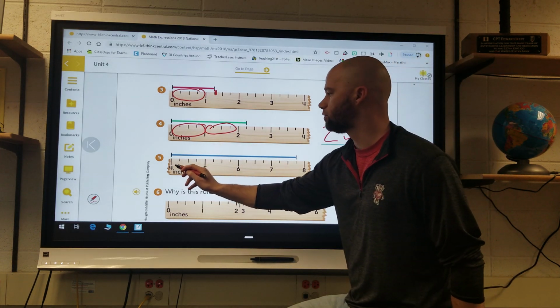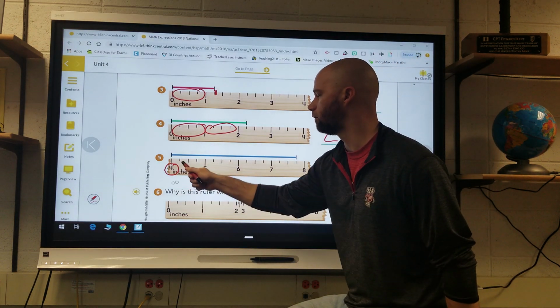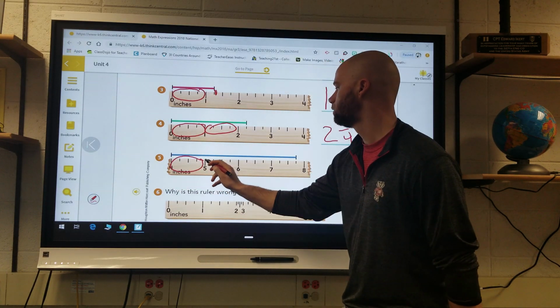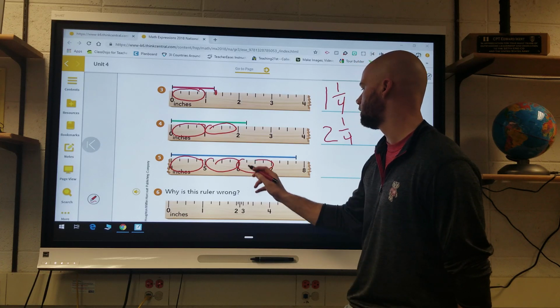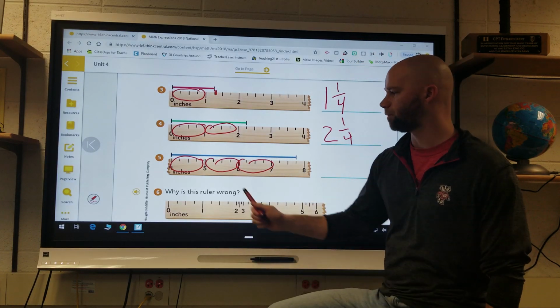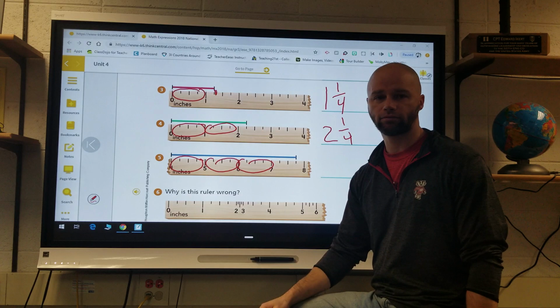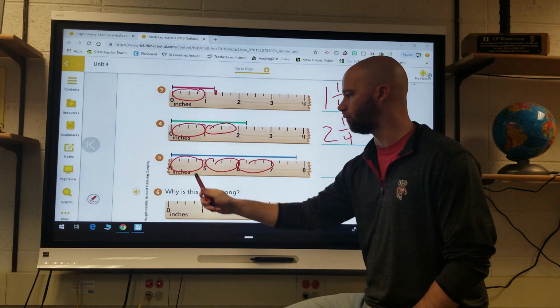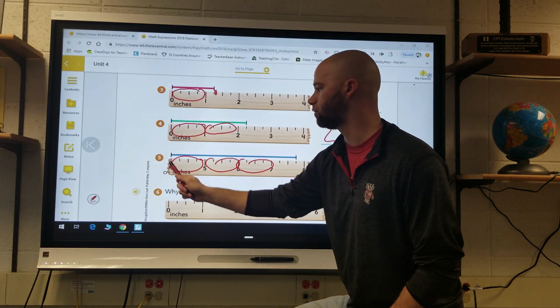Next one, notice you start at 4. Okay. So here we have 1, 2, 3 on top of the 3 that we already have. Okay, so don't get confused. There is still the rest of the ruler. It's just broken off here, as you can see.